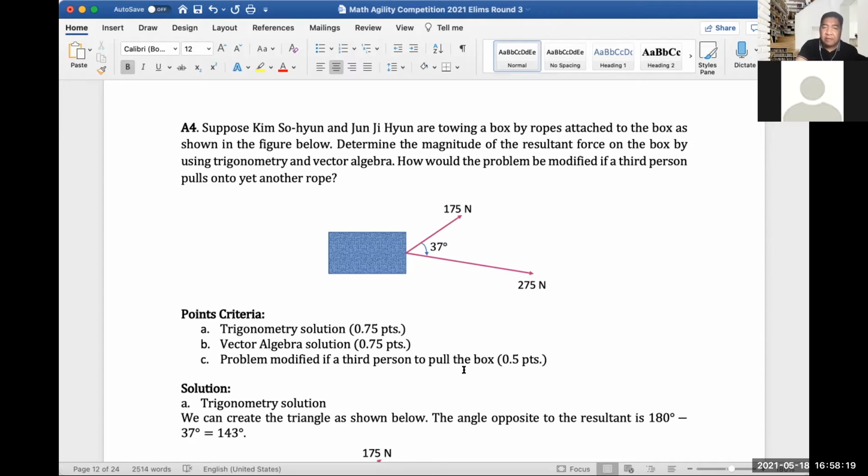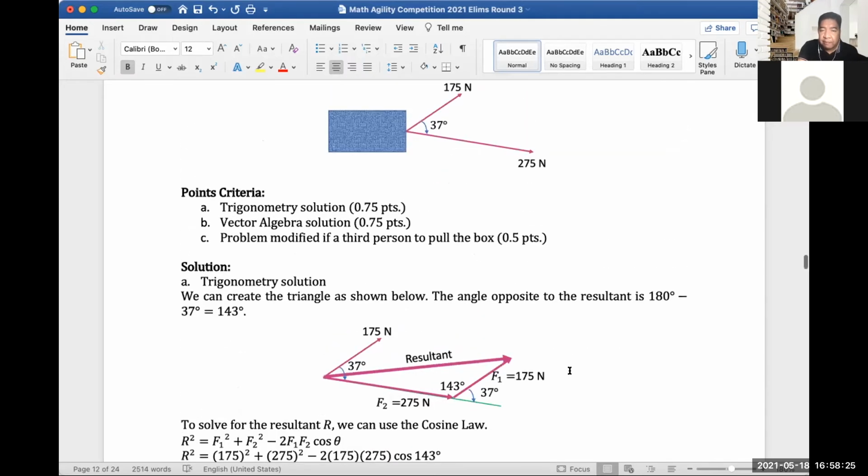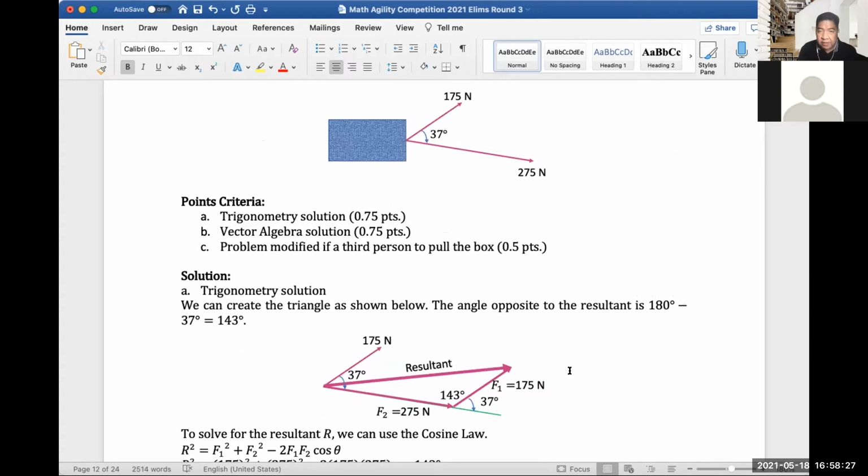So first, we need to solve using the trigonometric solution. Let's draw the force diagram. So 175 N is here, and we know that the angle between the two forces is 37 degrees. This is the second force, F2, 275 here.